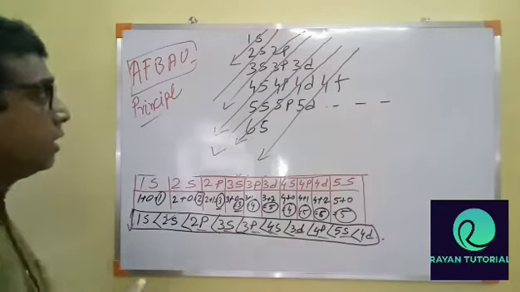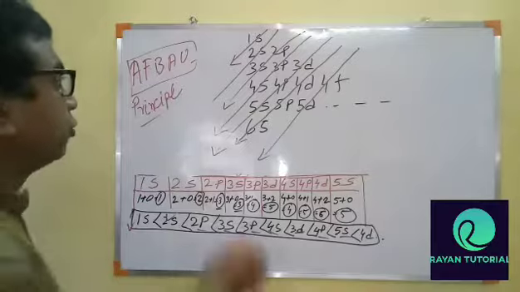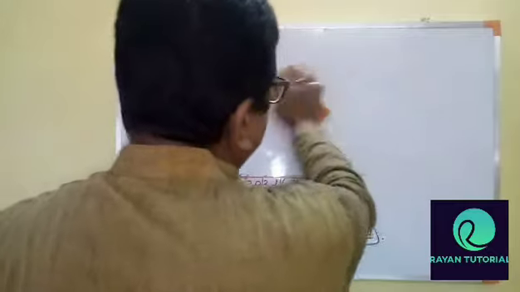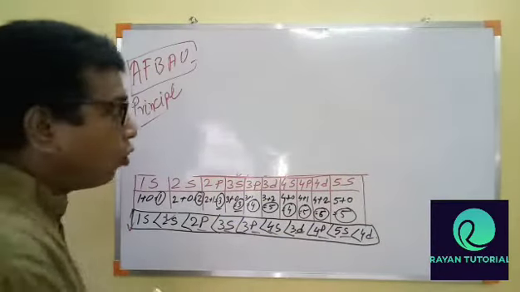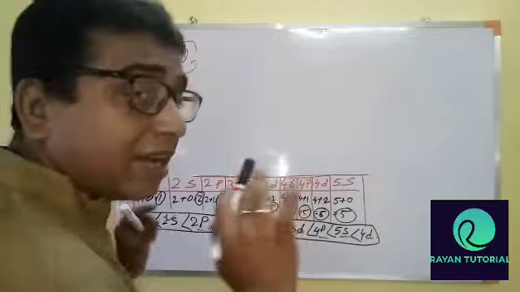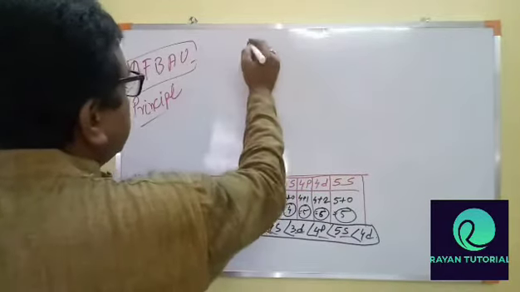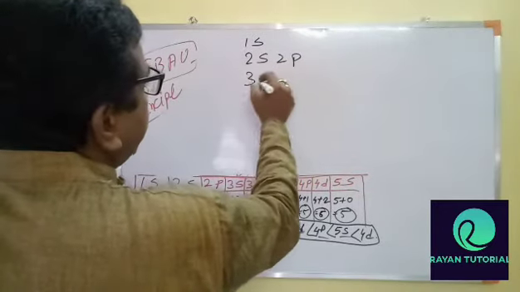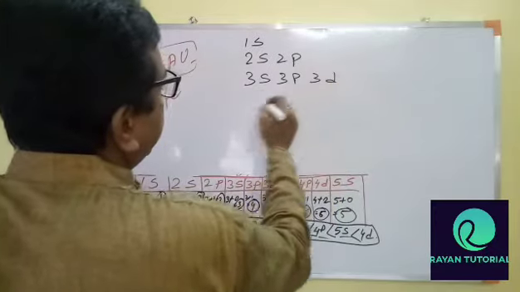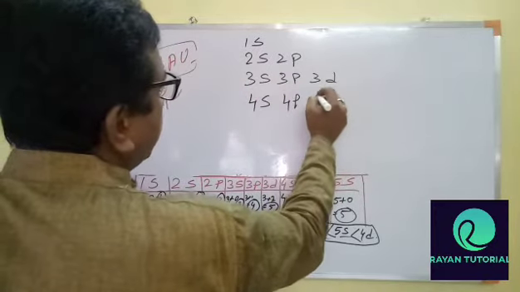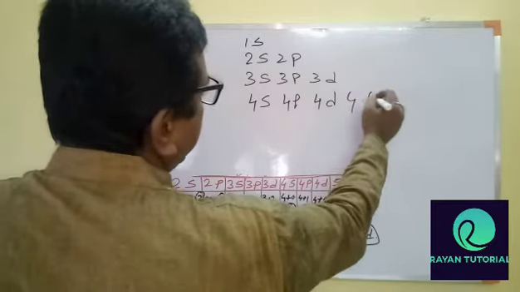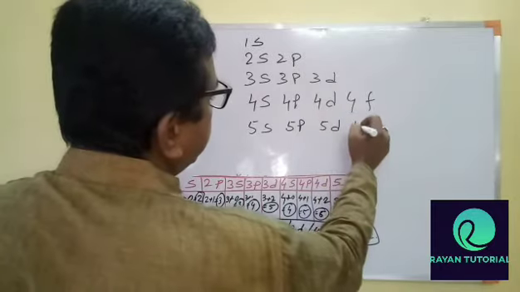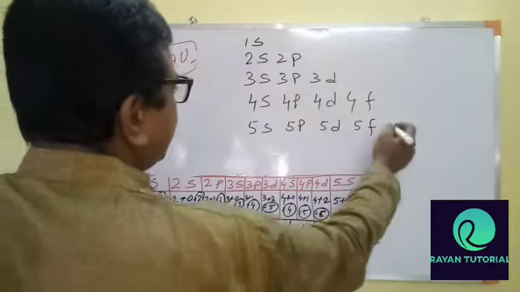Understood? Should I repeat? Just again I do this one for you. Very easy one. Just make it in a rough form and then you can know where the electrons will fill up. So first write all the subshells. The subshells are 1s, then 2s, 2p, then 3s, 3p, 3d, then 4s, 4p, 4d, 4f, then 5s, 5p, 5d, 5f, and so on.